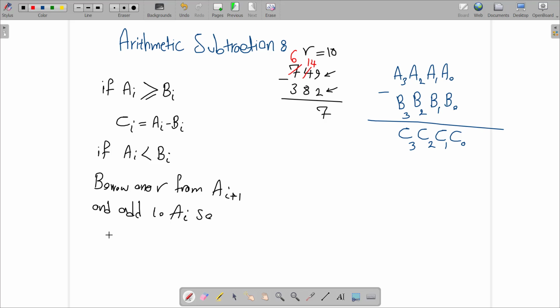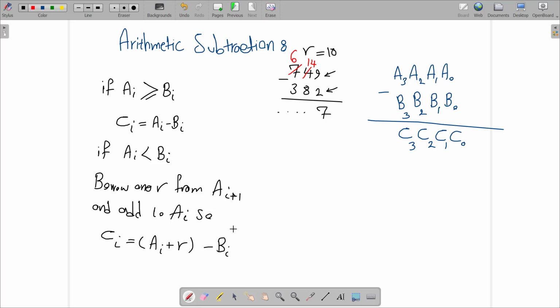So in this case, Ci is equal to Ai plus r minus Bi. Look here: add Ai to the r, then subtract the Bi. And then repeat the process.